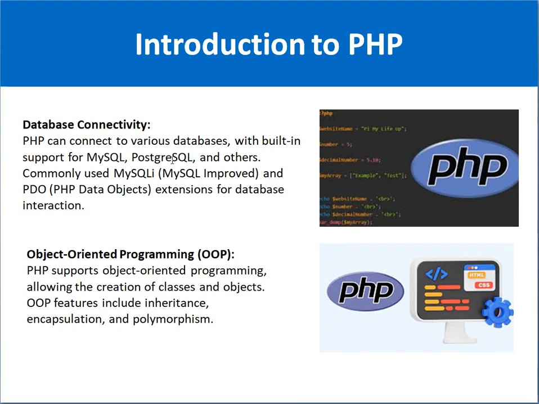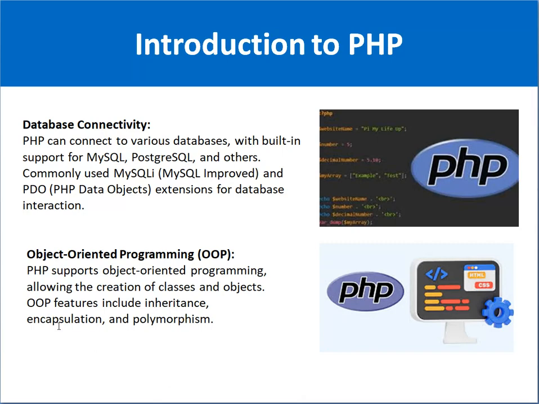PHP also supports object-oriented programming, so it allows creation of classes and objects. It also supports inheritance, encapsulation, and polymorphism. Inheritance means a parent-child relationship. That means the features of the parent class can be inherited automatically in the child class.